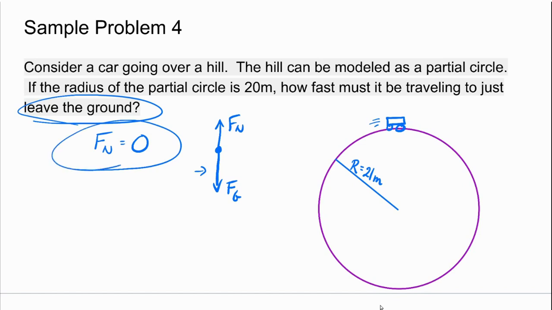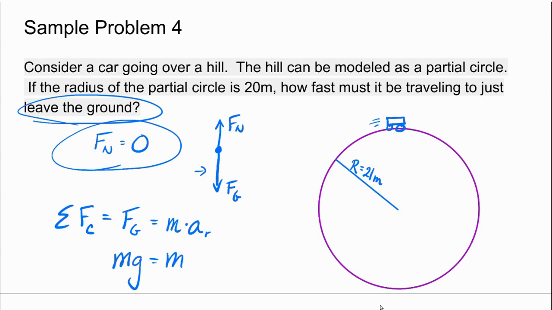So in this case, the sum of our forces towards the center of the circle, I want to make positive towards the center of the circle. So that's going to just be Fg. And that'll be equal to mass times acceleration to go in a circle, or your radial acceleration. Gravitational force is equal to mg.